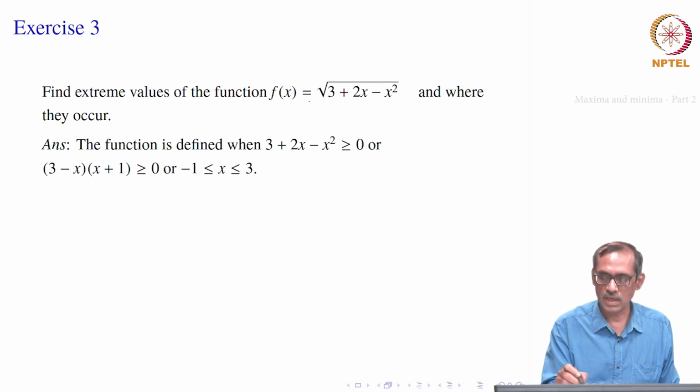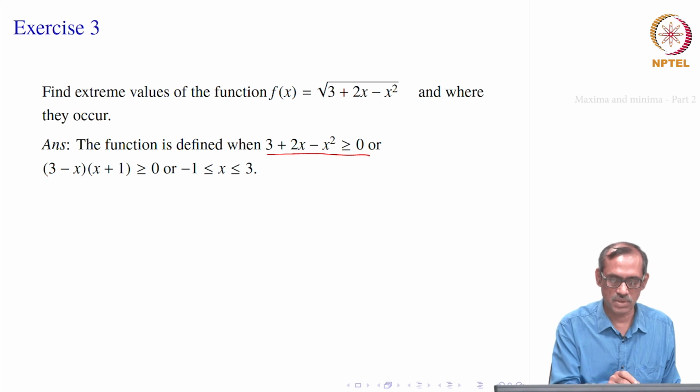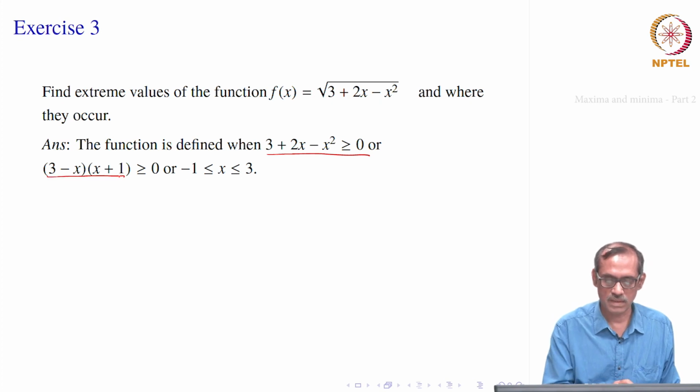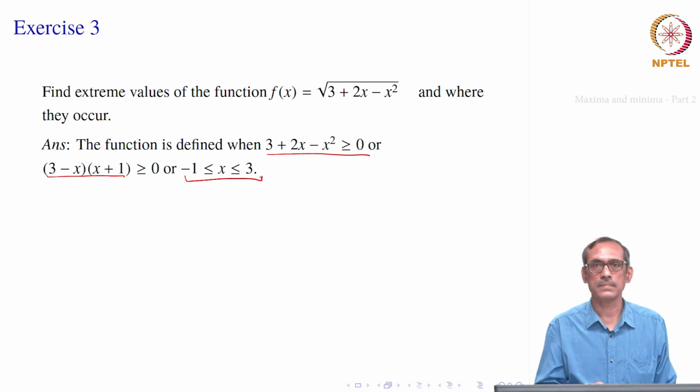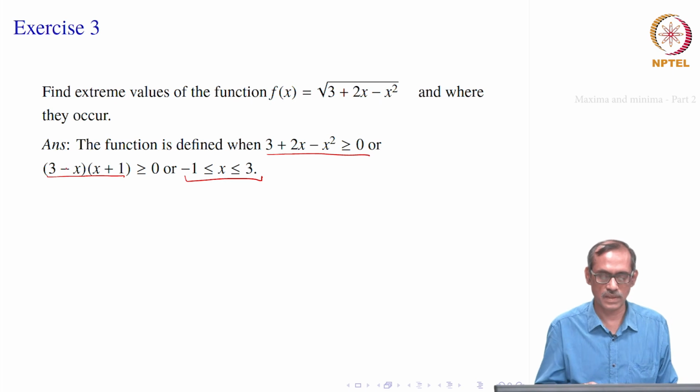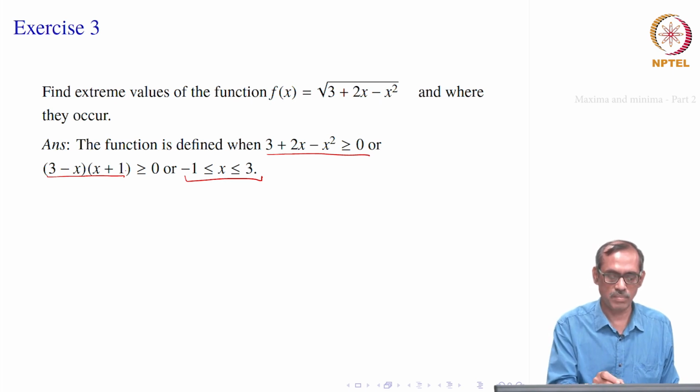Now you see we are not given the domain. So, what is the domain? It is a square root, so 3 plus 2x minus x square must be greater than or equal to 0. If you factorize that, that gives 3 minus x into x plus 1 greater than or equal to 0. That means x must lie between minus 1 and 3.